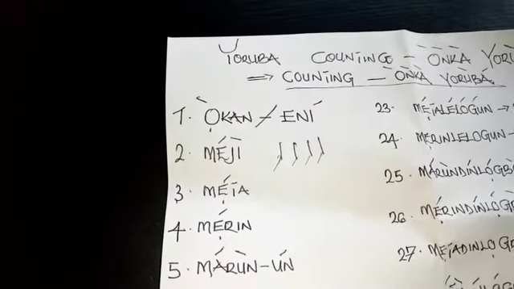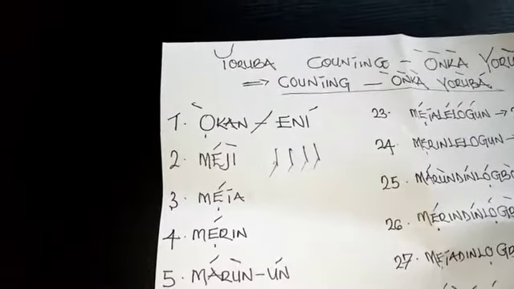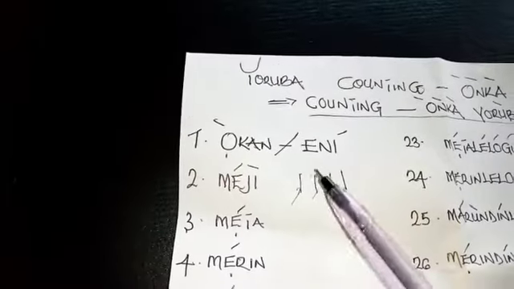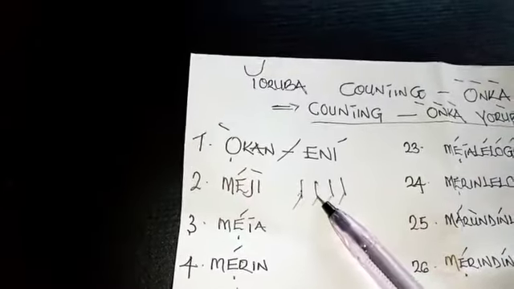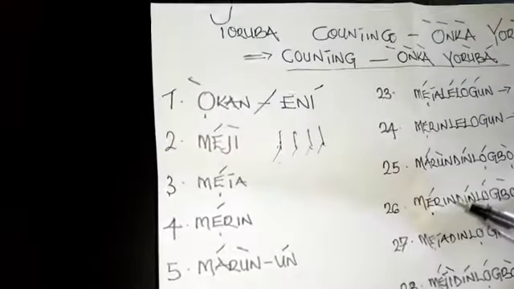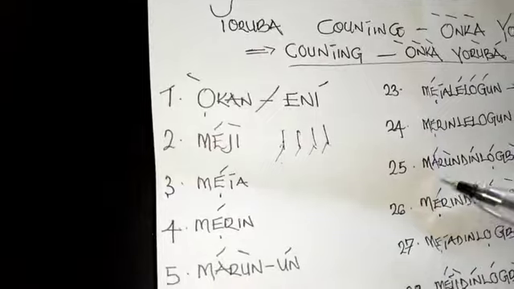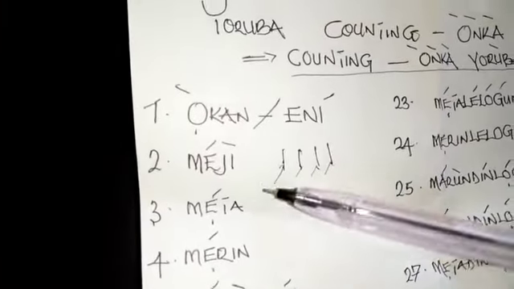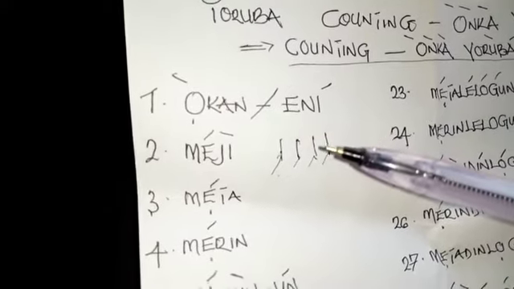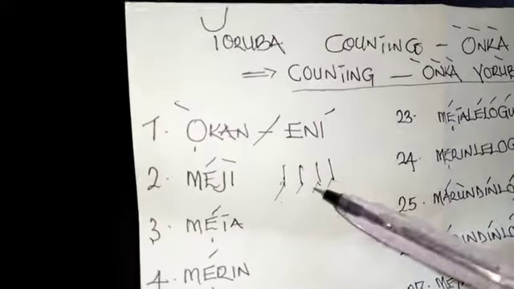Let's take a look at this example which I have for us here. 1, 2, 3, 4. If you are to count in Yoruba land, there is a way you count. For instance, you are to count books. Maybe you have 4 books, so you count them accordingly.